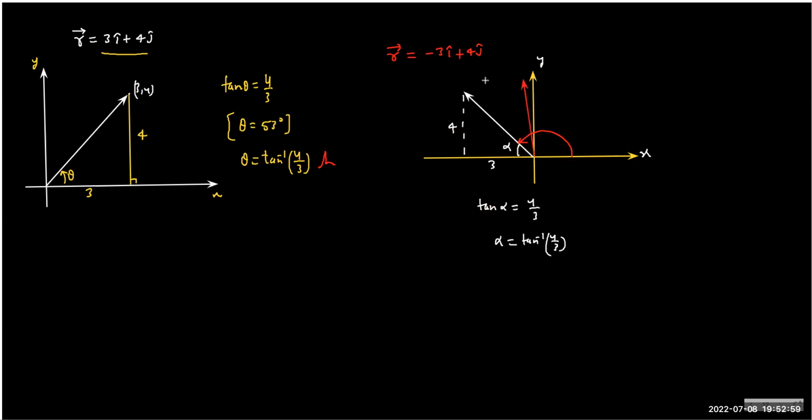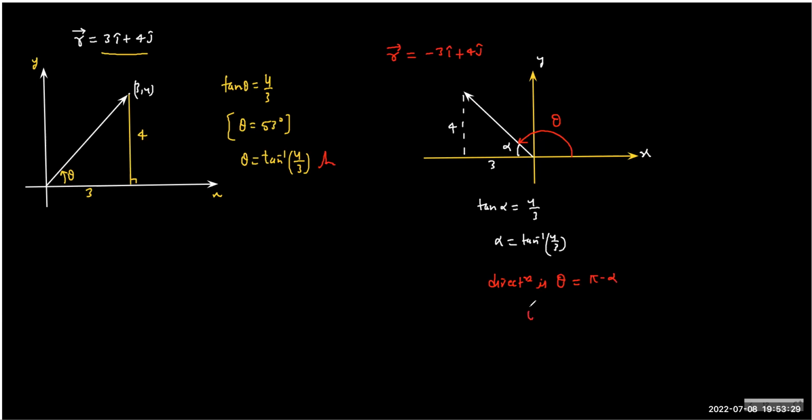So I'll go anti-clockwise, right? From the positive x direction, I'll turn anti-clockwise till I match the direction. How much I need to turn is called the angle or the direction of the vector. So the direction is not alpha, it is theta, which is how much? 180 minus alpha.